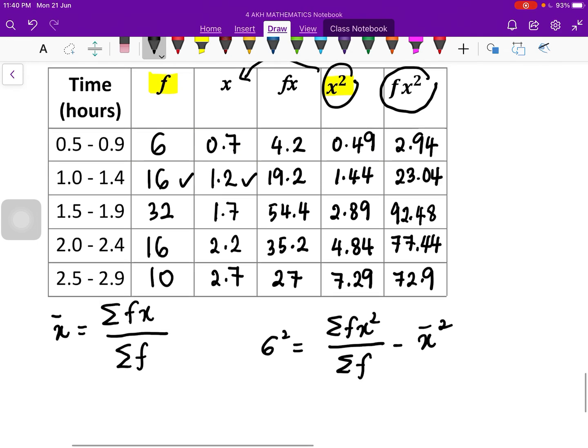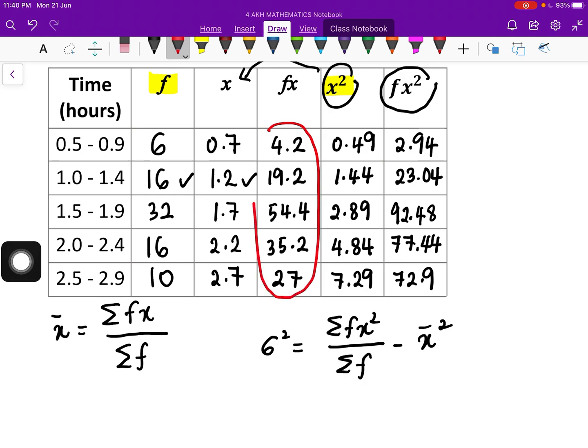Okay, so based on our formula, mean kita kena ada sum of fx. So tengok fx, kita kena tambah everything here. Okay, you add everything here. So sum of fx, you will get 140.